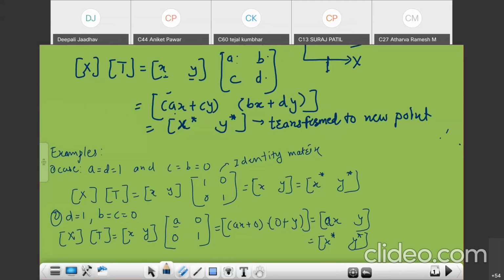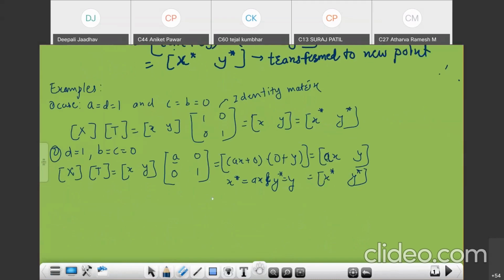That means x star is equal to ax and y star is equal to y. What does that mean? There is no change in the y coordinate and only a change in the x component. Correct? There is no change in the y coordinates, only a change in the x coordinates.